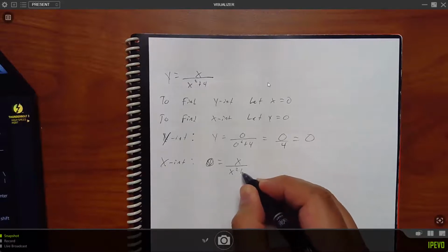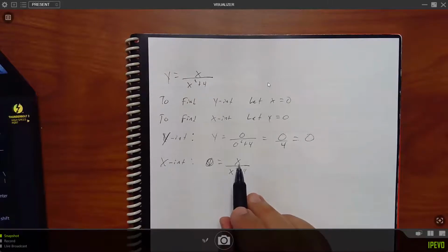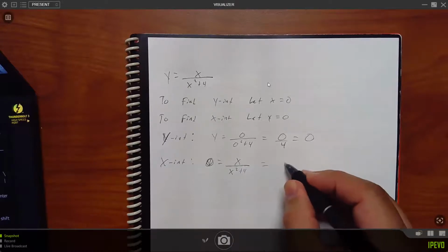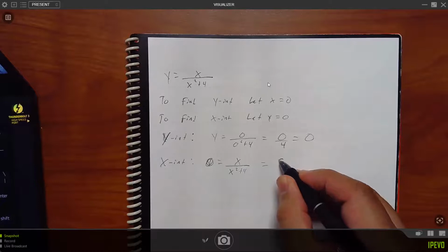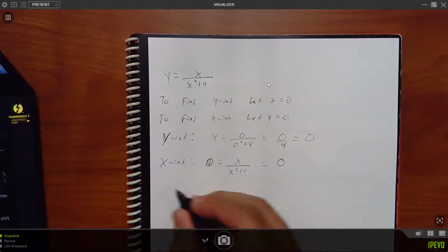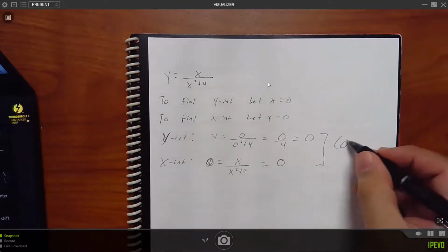But the only way that's going to be 0 is if x is 0. See what I'm saying? But this can never be 0. Only the top can. So it looks like it's the same thing. So we have a point at 0, 0, actually, it's the same location.